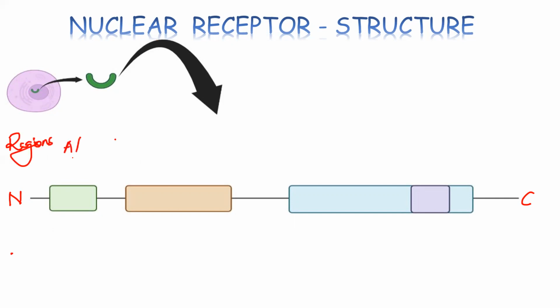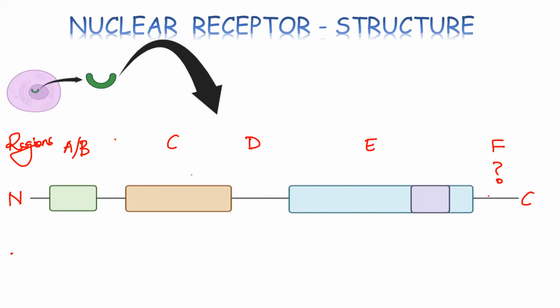There is an AB region, then a C region, a D region, then an E region and an F region, of which the F region has not yet been perfectly categorized or classified. That's the reason why many discoveries are still going on at the C-terminal F region.